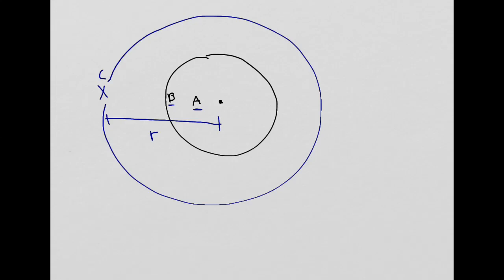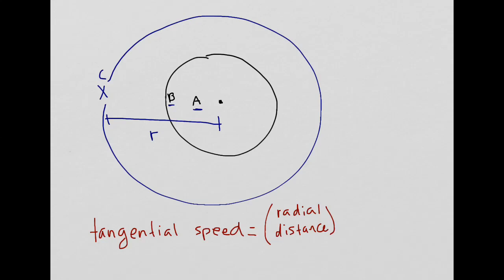So we can write this formula, put it on the bottom here, that tangential speed equals radial distance times rotational speed.